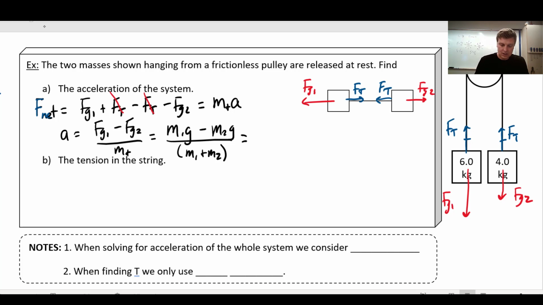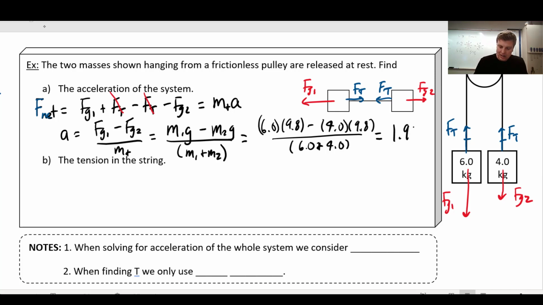Let's see here. We've got 6 times 9.8 minus 4 times 9.8 all divided by 6 plus 4. At least I chose some easy numbers to work with. Now cranking this all through your calculator, you end up with an answer of right around 1.96 meters per second squared for our acceleration. Okay.